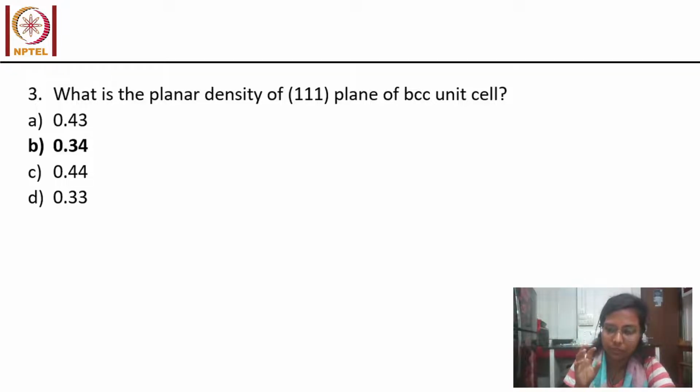If the length of the cube is A, the volume of the cube will be A cube. However, the entire volume A cube is not occupied by atoms, so there is some void. The ratio of the volume occupied by atoms to the volume of the entire cell is the packing fraction in the case of the 3D cube.